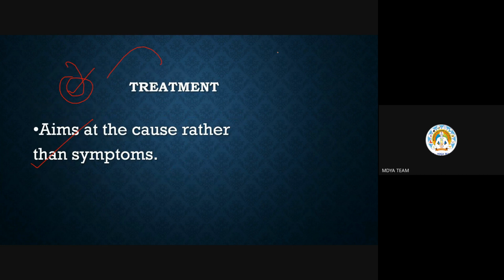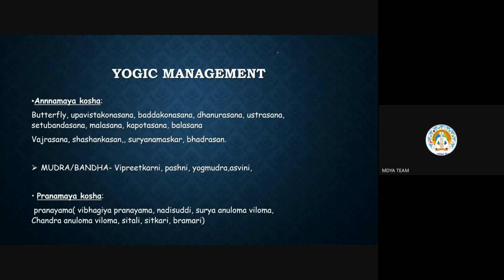So we have to work on the causes, as told. Now, these fibroids are nothing but an accumulation of mass, as I told you in one slide before. That itself is like a polyp, an accumulation of mass that makes a structure like this.